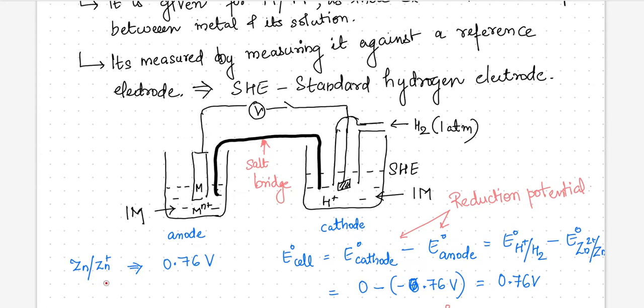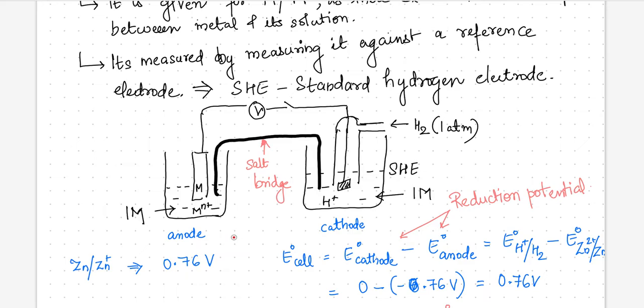So here you can see we have a zinc ion system. When you connect it, usually in the setup the standard hydrogen electrode is taken to be the cathode, and the other electrode, of which we are measuring the electrode potential, we take as the anode.